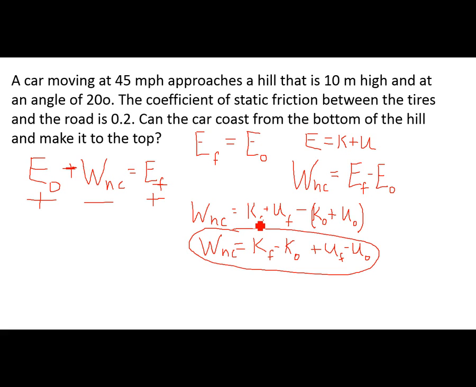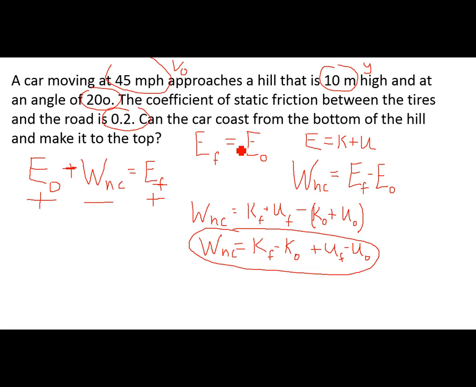Okay, so let's try to apply this to the problem at hand. We have a car that has an initial velocity, V0, and we have a height, let's call that Y, at a 20-degree angle, and a coefficient of friction.